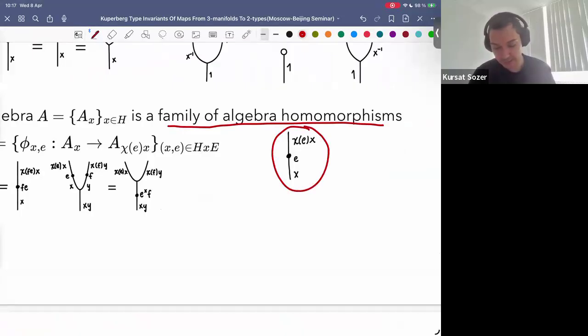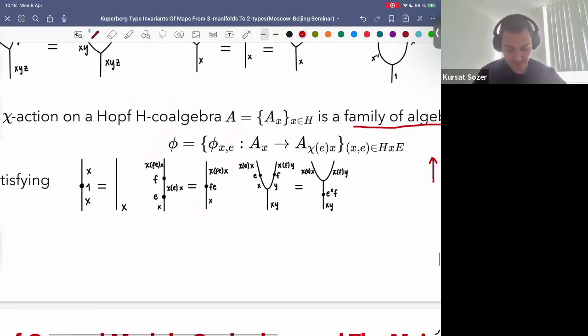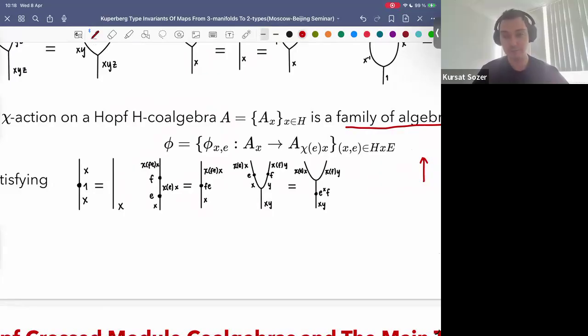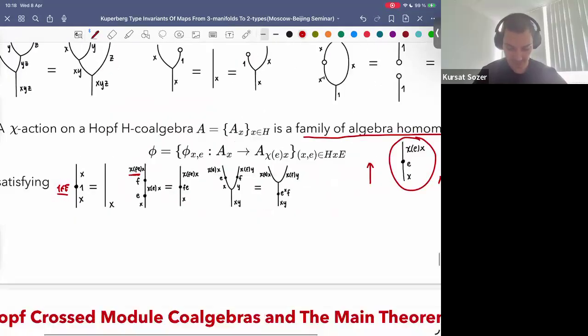We put E and it goes from A_X to A_{E X E inverse}. And that's the symbol, we again read from bottom to top. And they need to satisfy this condition which comes from the notion of crossed module. The identity element 1 in E acts as identity. So when we compose two things, they act as group composition, like a homomorphism property, stuff like that.